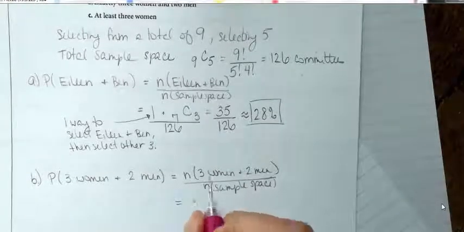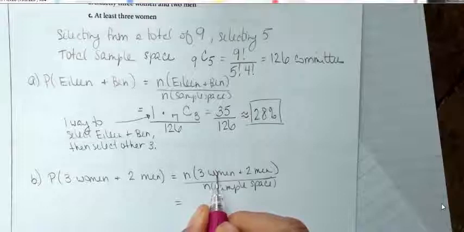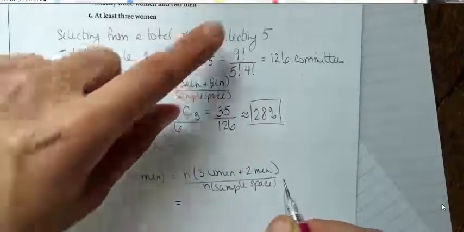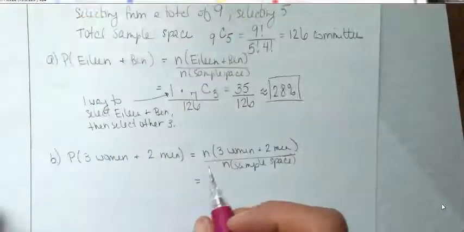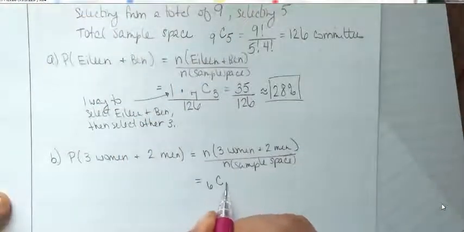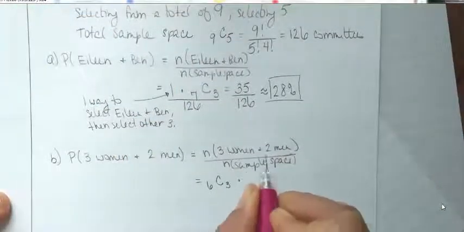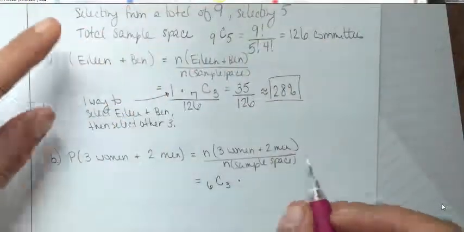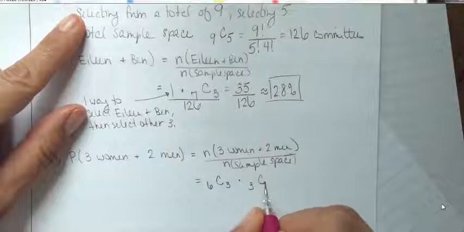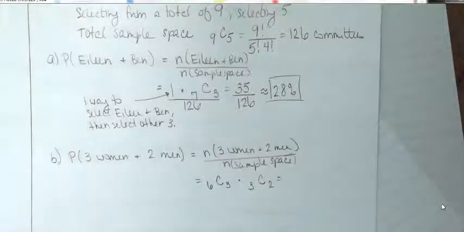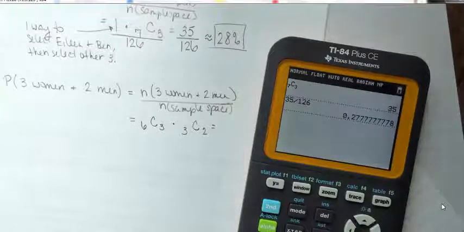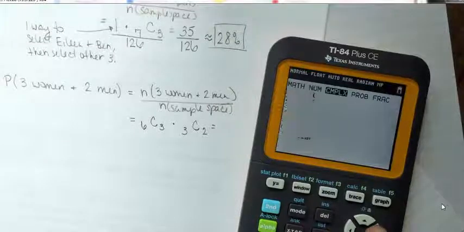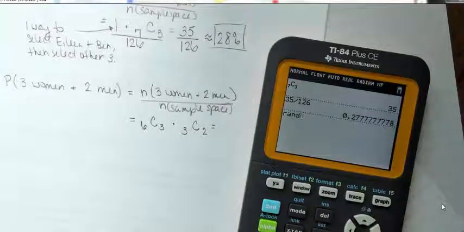Okay, well, the number of ways to choose 3 women and 2 men, let's see, there's 6 women, and I want to choose 3 of them. So that's 6C3. And I also want to do 2 men. There's 3 men, so I'm going to do a 3C2. And you can do that right in your calculator. You can also multiply it out. Oops, what have I done?